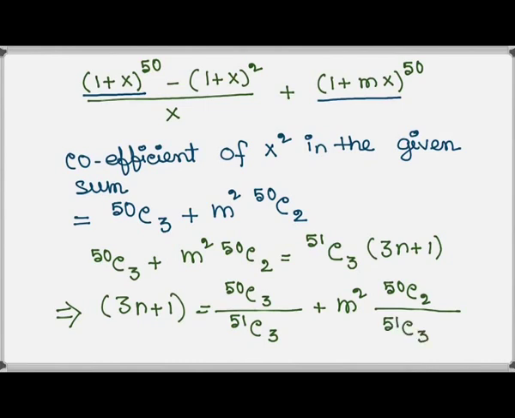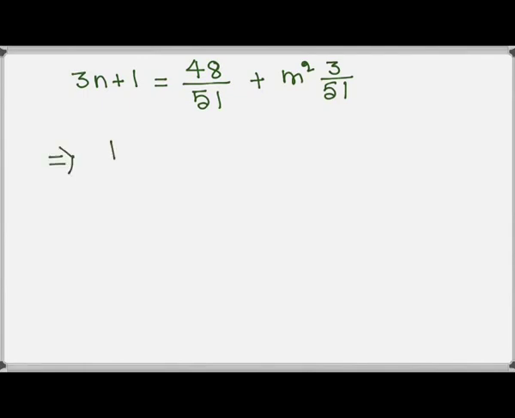So, finally, we have 3n plus 1 is equal to 48 by 51 plus m square into 3 by 51, that is 153n plus 51 is equal to 48 plus 3m square.